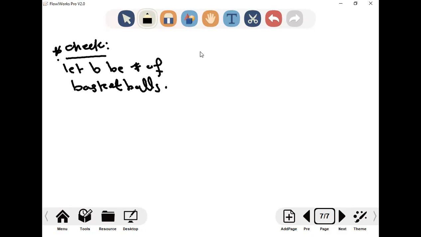How many were there originally? Not left, originally. So now we know that we have 38, check, and 2/3 B.